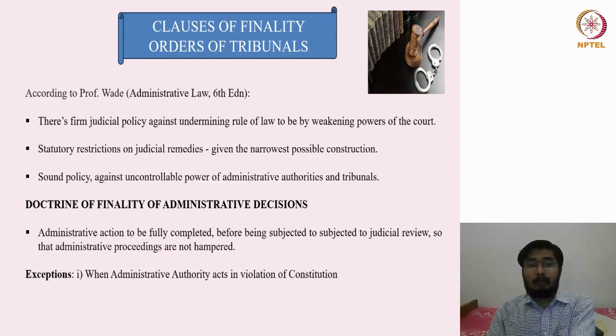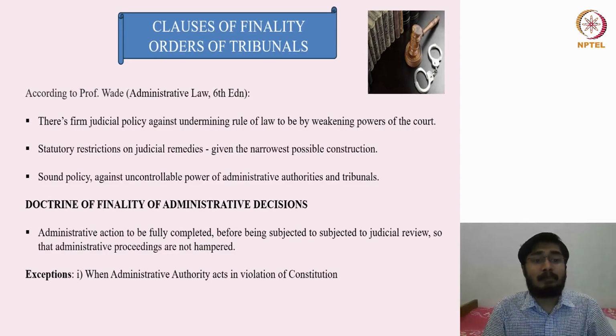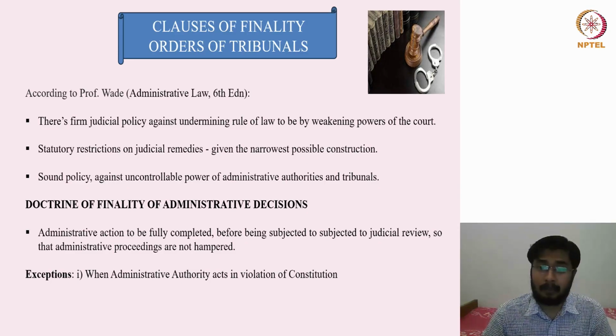Now, according to Professor Wade, in administrative law there's a firm judicial policy against undermining the rule of law or weakening the powers of the court. And statutory restrictions on judicial remedies are given the narrowest possible construction; a sound policy against uncontrollable power of administrative authorities and tribunals is also important.